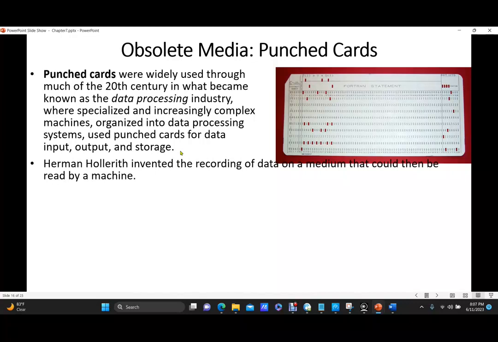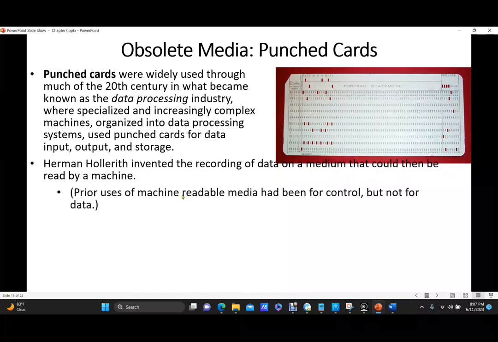Herman Hollerith invented the recording of data on a media that could be read by a machine. Prior uses of machine media had been for control, but not for data.